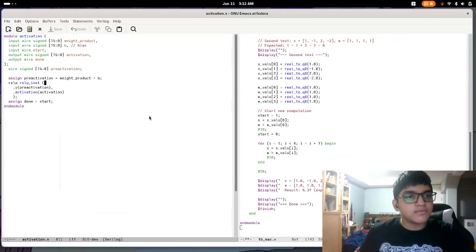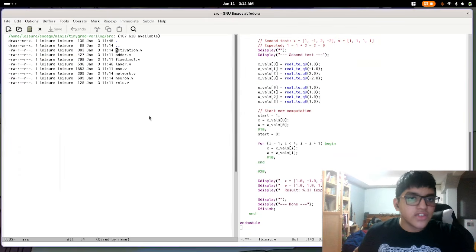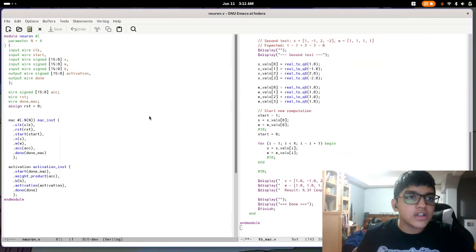And then this right here is the module we were just looking at earlier. And yeah, so that is our activation. And from there, we have our neuron.